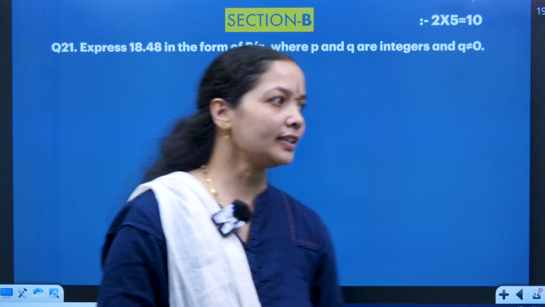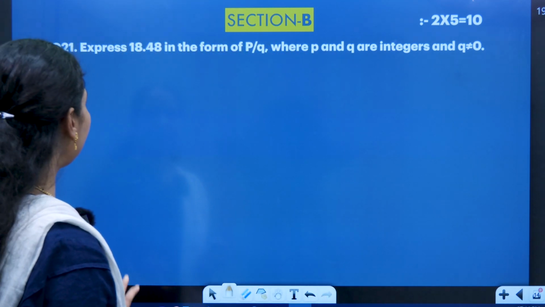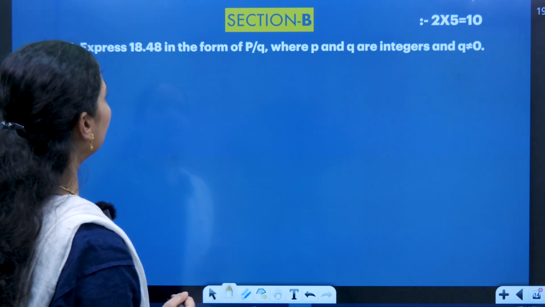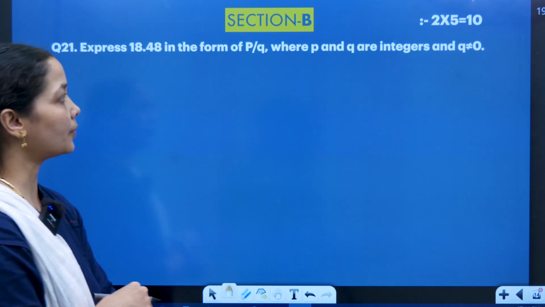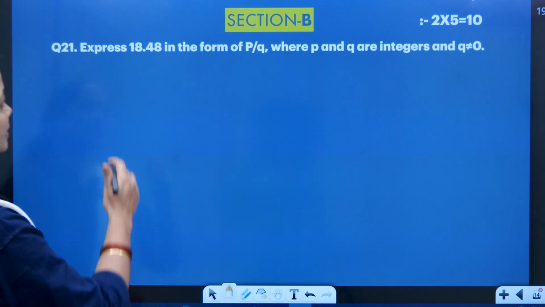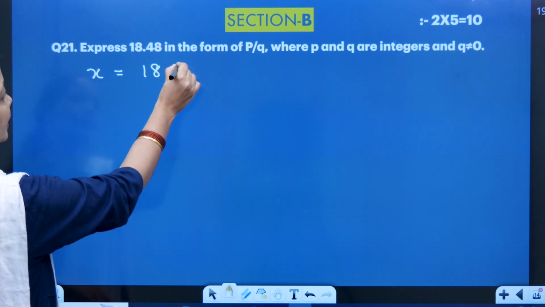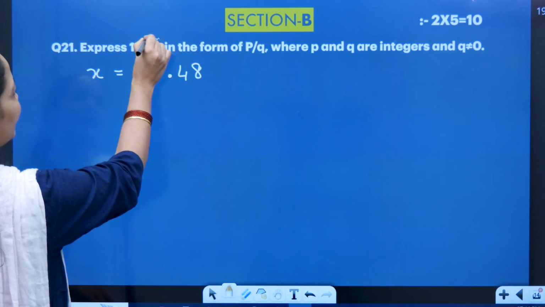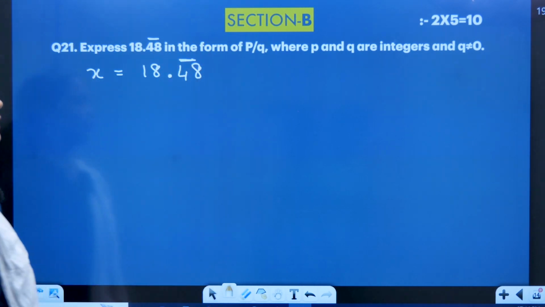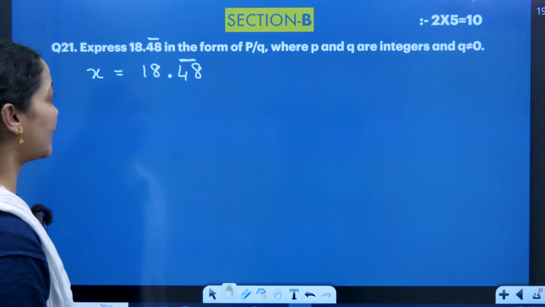So to start with section B, which is 2 markers, and the first question will be express 18.48 bar in the form of p by q, where p and q are integers and q is not equal to 0. Whenever this sort of question is given, I'll take let x be equal to the given number, that is 18.48 bar.